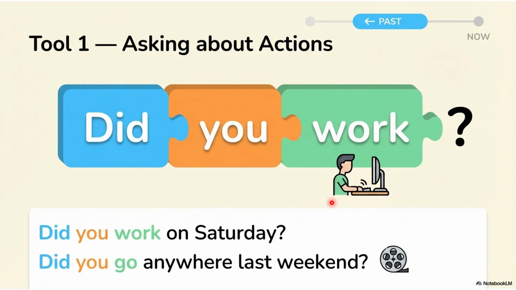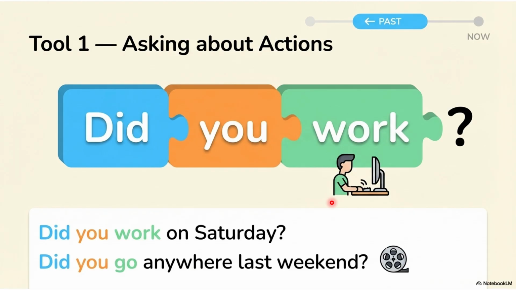And here we have write the simple present form of these irregular simple past verbs. Here we have the opposite. Here we have the past tense of these irregular verbs, and we need to write down the simple present form.